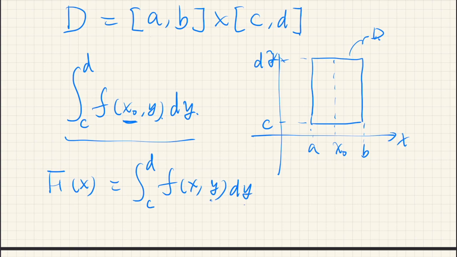The variable y is integrated out already, so the only variable left is x. So this is a function of x. Now, although we don't give a proof, we can show that this is a continuous function of x.